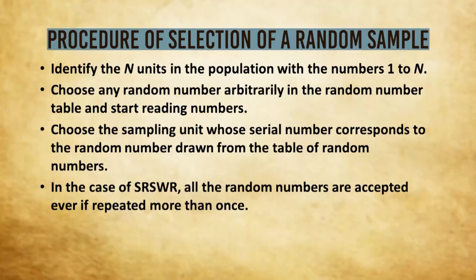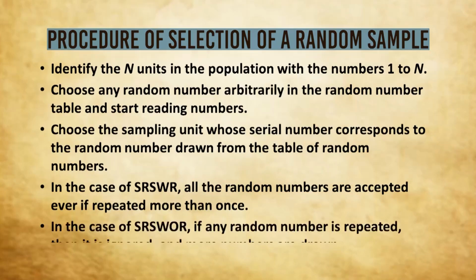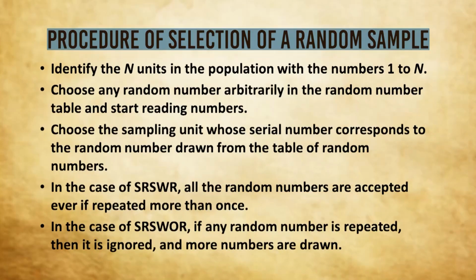Now in case of SRSWR, the same member can be selected again, while in case of SRSWOR, we cannot select the same member. That means if the same population unit with the serial number comes up, we will reject that unit for the subsequent drawings.